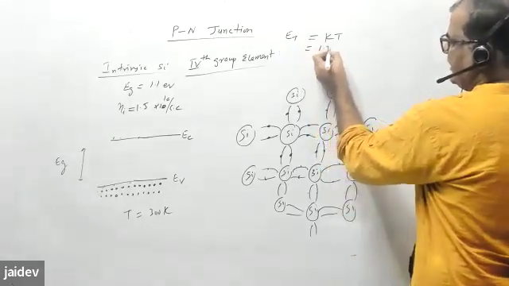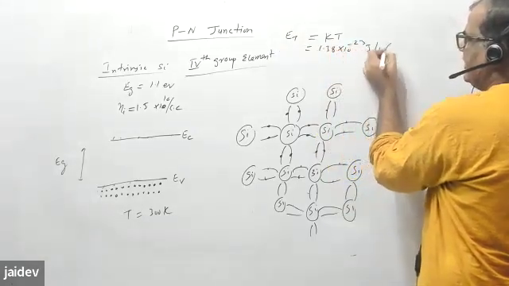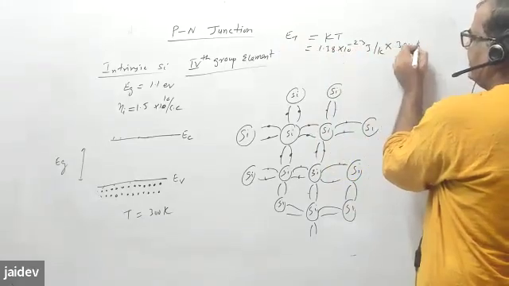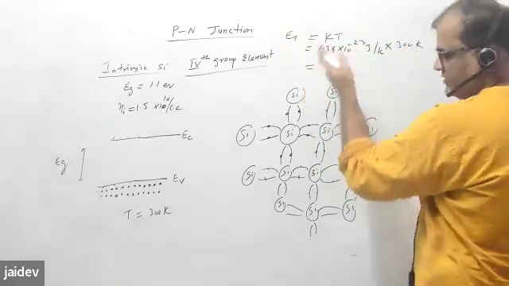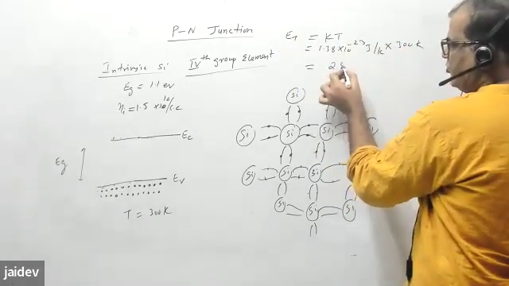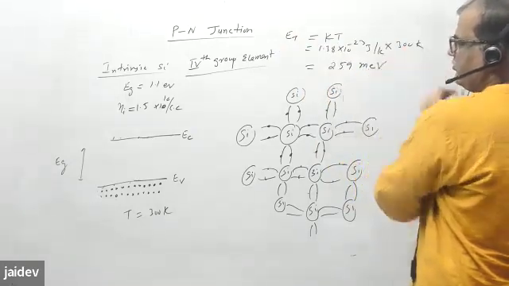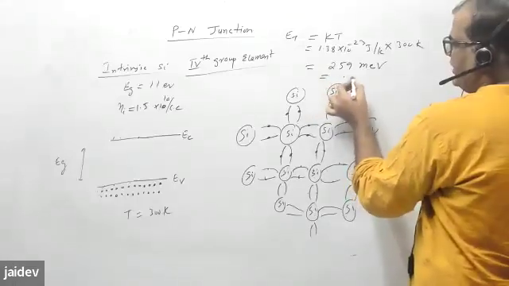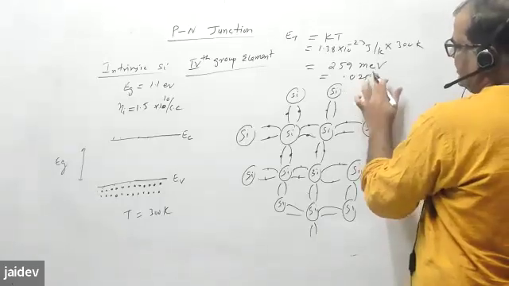This is 1.38 × 10^-23 joule per Kelvin times 300 Kelvin. So how much will this come out? Can anyone remember this value? It will come out around 25.9 milli electron volt, or 0.0259 electron volt.